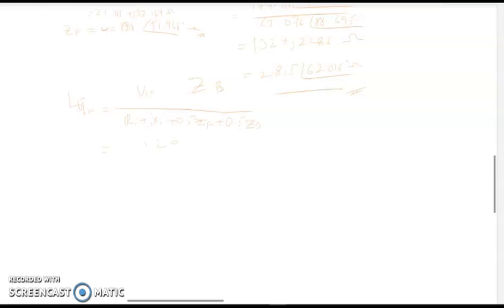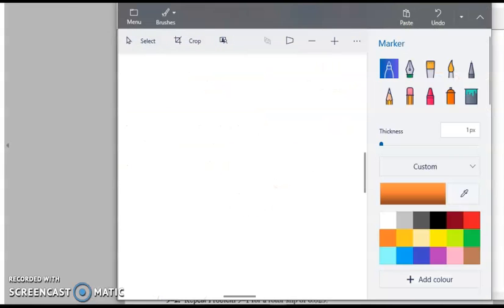So you put the values in: Vin is 120 volt, R1 is 2.0, JX1 is 2.56, 0.5 of ZF, which is 0.5 times 40.838 with the angle of 51.966, plus 0.5 of ZB, which is 0.5 times 2.815 with the angle of 62.016 ohm.